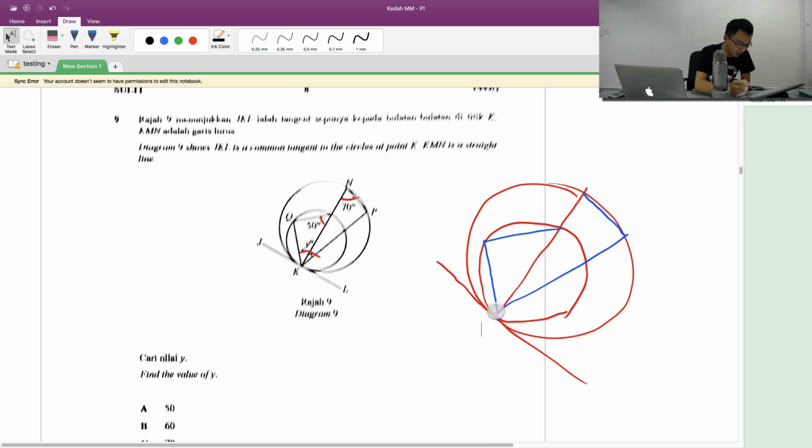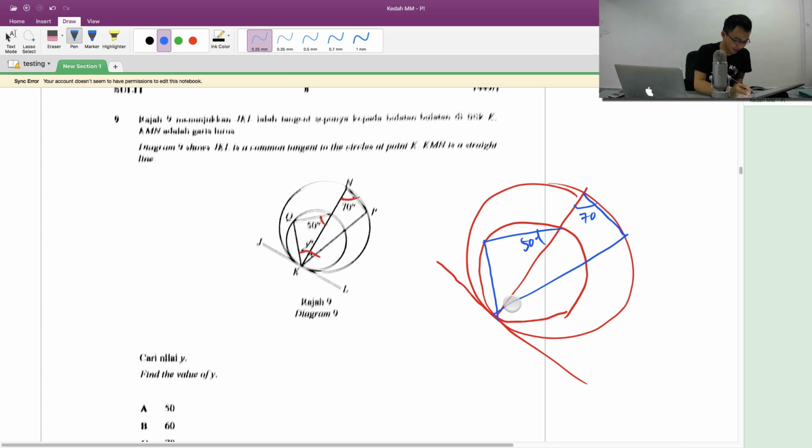Okay, so the question asks us to find y. So here is 70, and here is 50 degrees. Is there a center point? If no center point, this question will be very interesting. Okay, so the triangle law tells us that this angle over here will be the same as this angle.